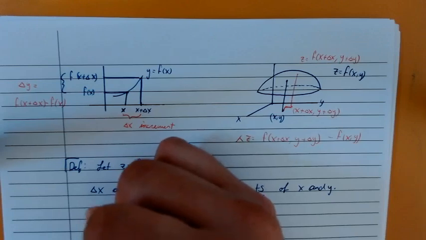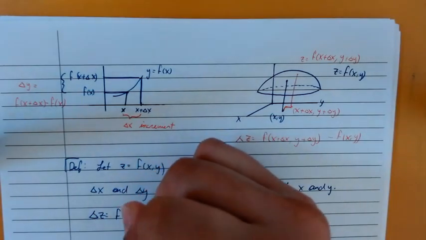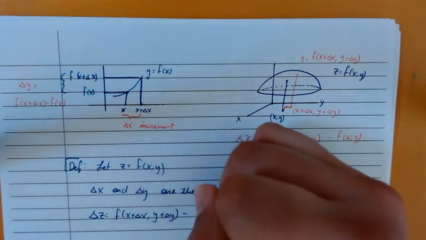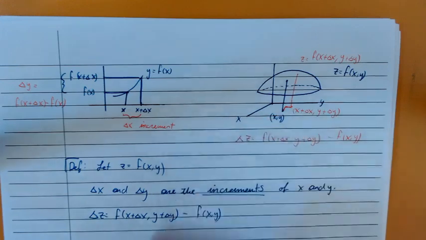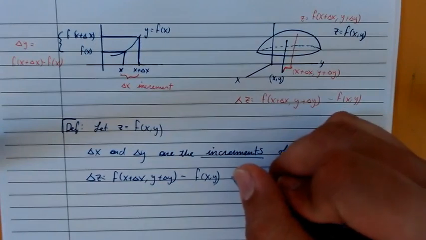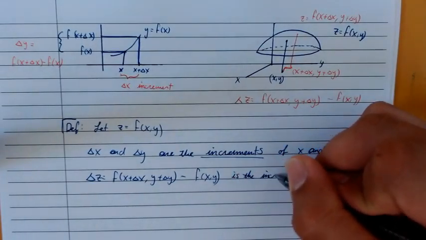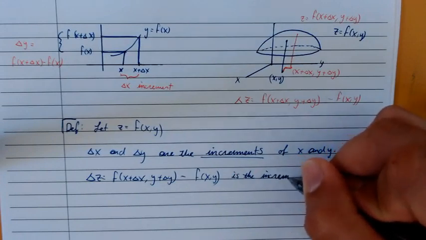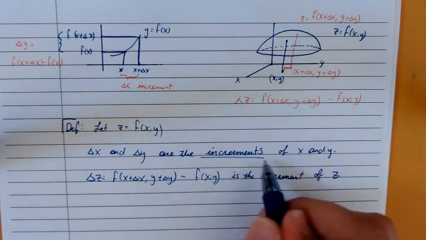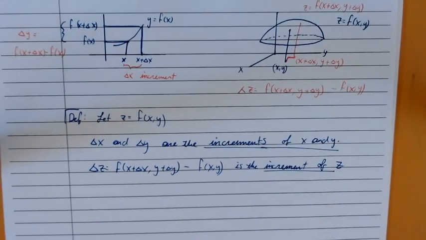Delta z, which is equal to exactly what we just wrote here, f of x plus delta x, comma y plus delta y, minus f of x comma y. That's the increment of z. So I guess I should say the definition is increments of x and y and increments of z, just like that.